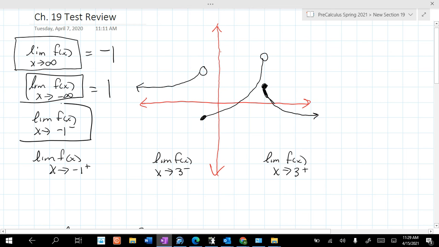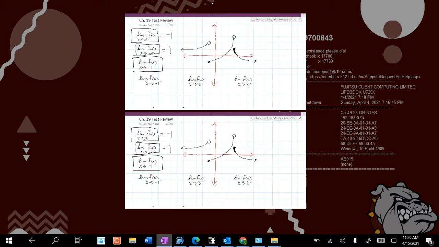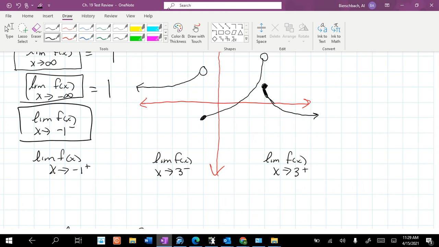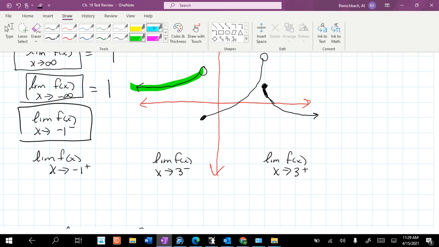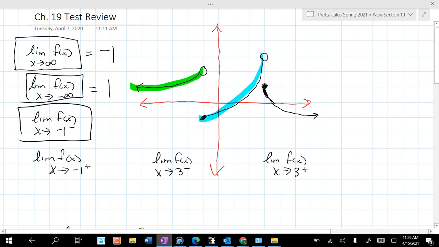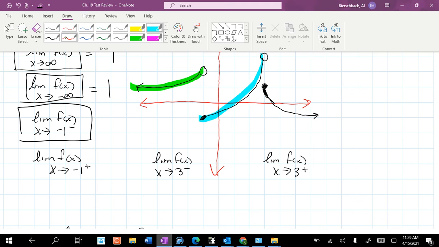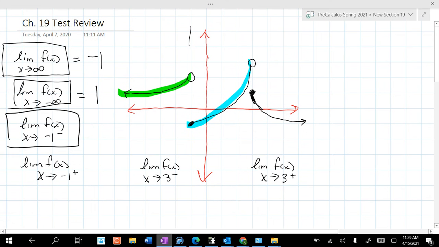This one says, as x approaches negative 1 from the left. From the left. Which one are we talking about from the left? Are we, come on, computer. Are we talking about the green one or are we talking about the blue one? As we approach negative 1, and negative 1 is right here, from the left.